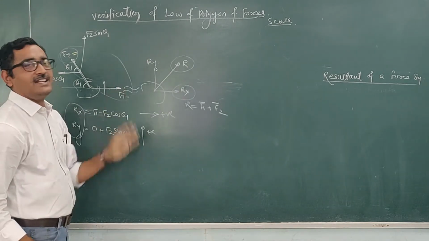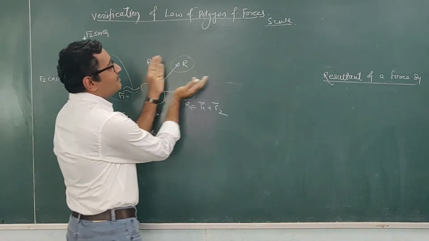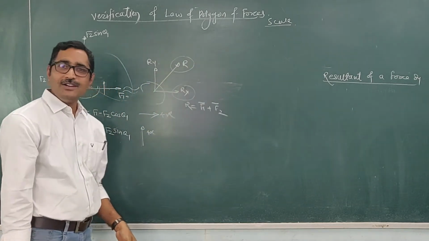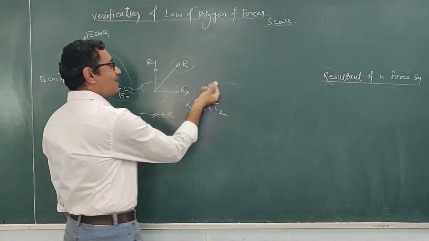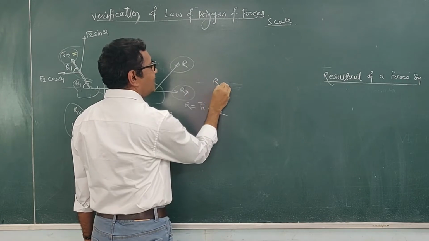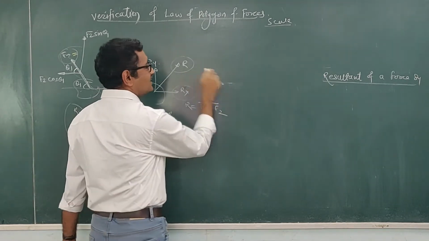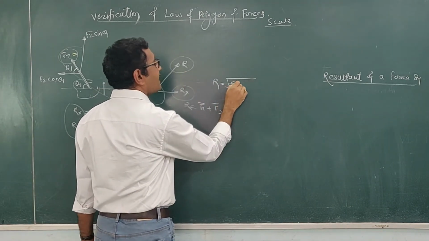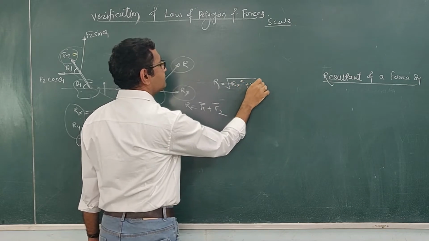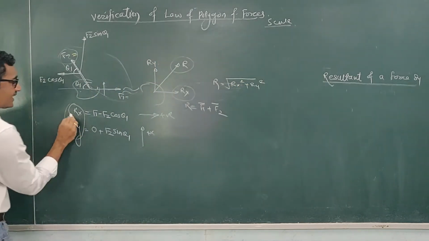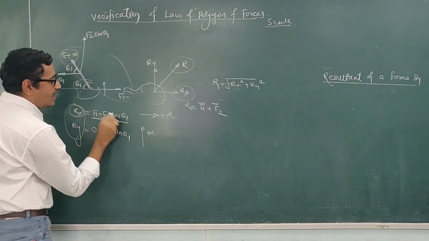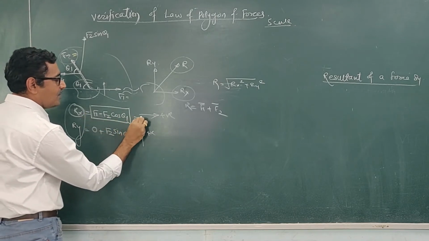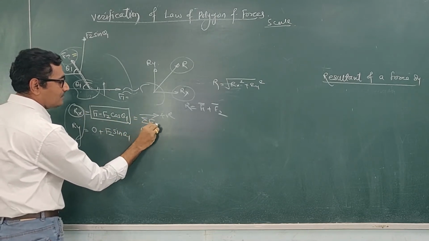Once you get this Rx and Ry, we can use the triangle law to calculate R. Using the triangle law directly we can write the mathematical expression: R equal to under root of Rx square plus Ry square. And this Rx is nothing but the summation of all x components, which we can write as the summation of fx.